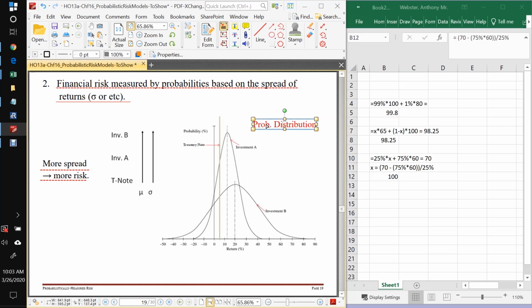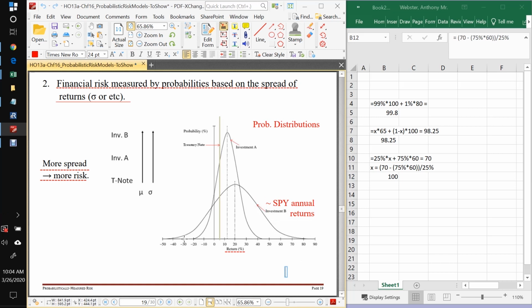Okay, and down here on the x-axis, I have my return percent. If we look at investment B, this could be SPY, the SPY annual returns, we have something that is very, very spread out.